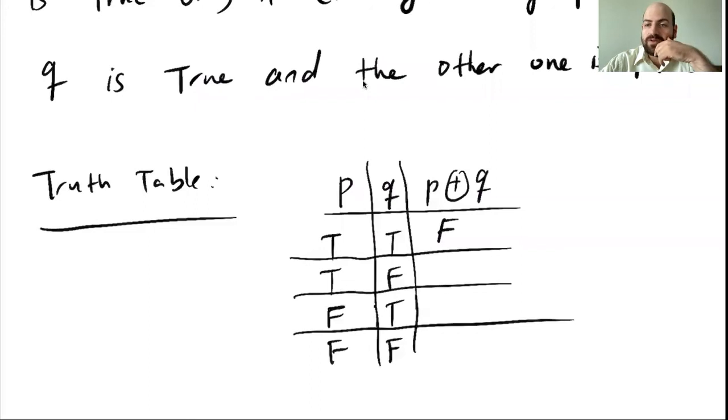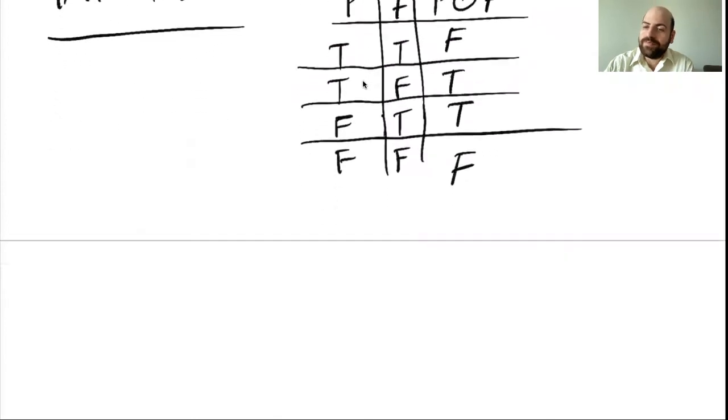So if both of them are true, it's not desirable, and we say that P XOR Q will be false in this case. But if exactly one of them is true, like the second or third case here, we say P XOR Q is true. And if both of them are false, again, it's false because we require exactly one of them to be true.